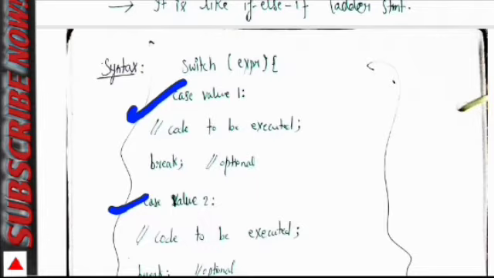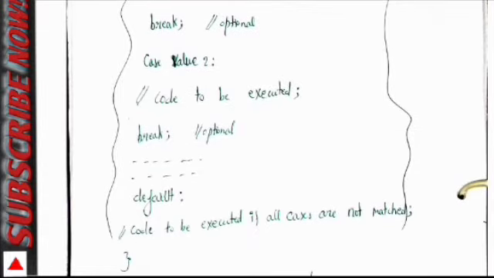And here we use the keyword break. It is optional; if you want you can use it, else you do not have to. And also we use the default keyword, which is executed when none of the cases are matched, enclosed within the curly braces.